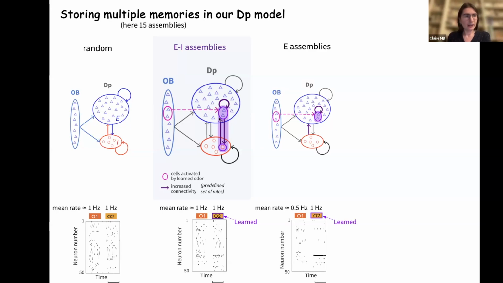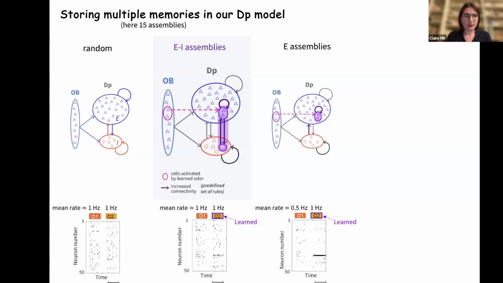So to create excitatory and inhibitory assemblies, we specifically increase the connections between a subset of inhibitory neurons and these excitatory assembly neurons. These inhibitory neurons are chosen such that they are the most highly connected to these excitatory assembly neurons.